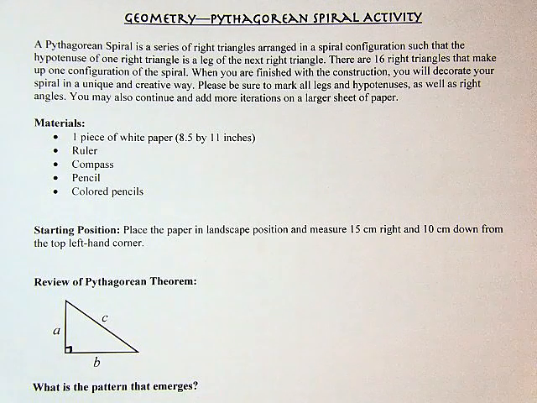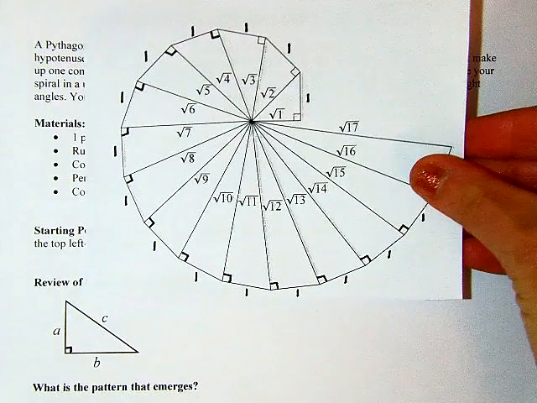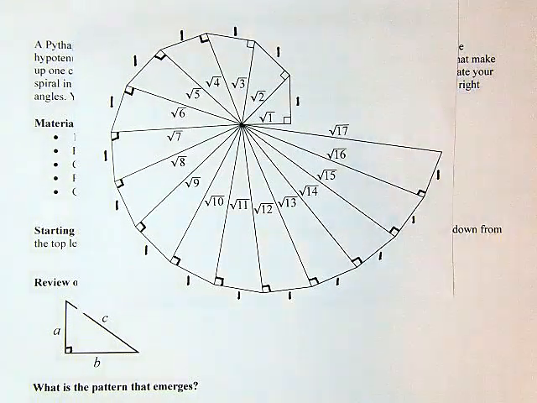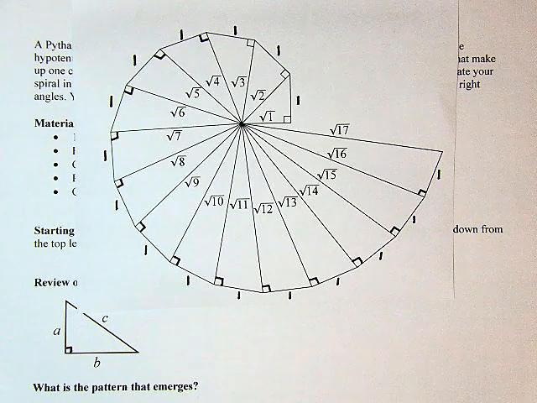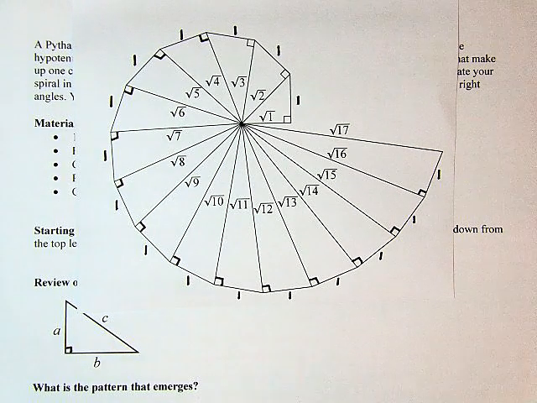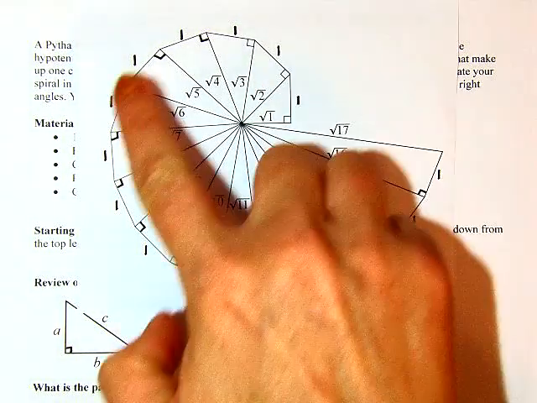Just to give you a sense of what I'm talking about, this is what it's going to look like in the end once our construction is complete. We're going to see 16 total right triangles as we wrap around.